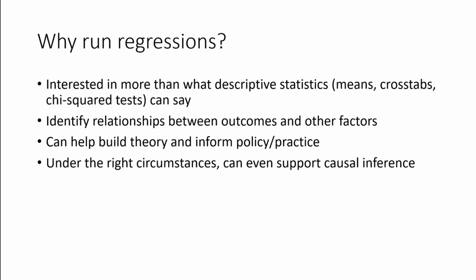And while in most regressions you're looking at relationships or associations, under the right circumstances, they can even help support causal inference. But typically, we're running regressions just to find out what's the relationship after controlling for other factors.